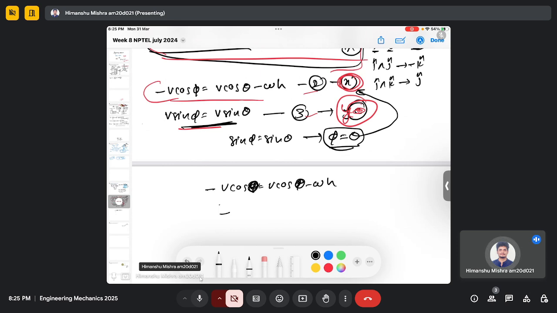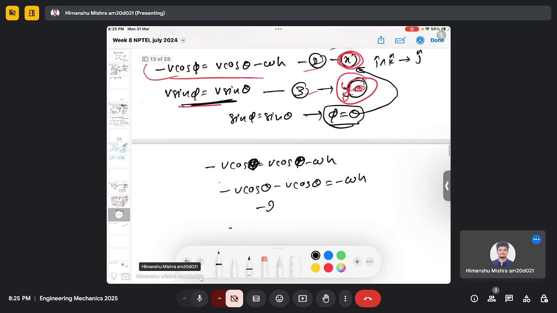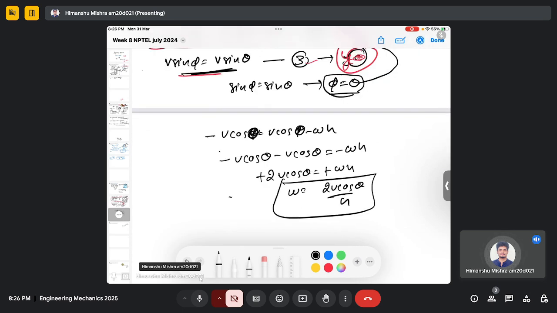So this will be v cos theta minus v cos theta equals minus omega h. So this is 2v cos theta equals omega h, since both become positive. So omega will be 2v cos theta by h. So this will be your omega.